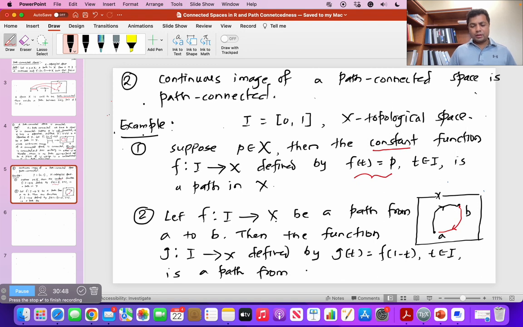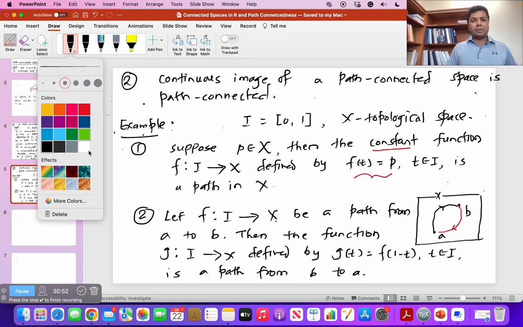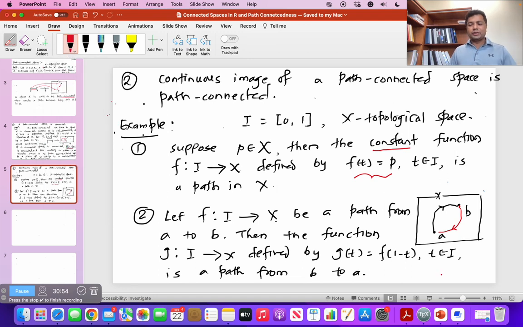is a path from B to A. So if g is a path, then it has to satisfy two conditions. First one, it has to be continuous. Now since g is defined by f, and we know that f is a path, so it's continuous, so g is also continuous. And then if it is a path from B to A, then g of 0 has to be B. So if you plug in 0 for t here, it's g of 0, and it's f of 1 minus 0, which is f of 1.